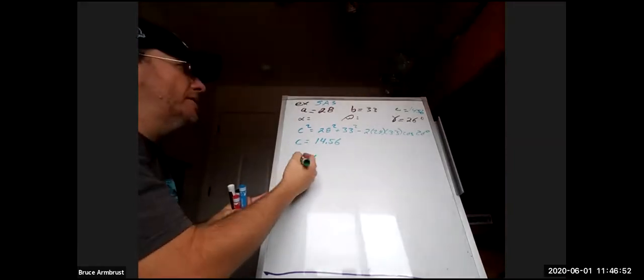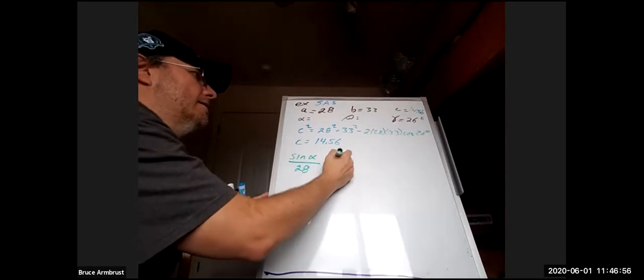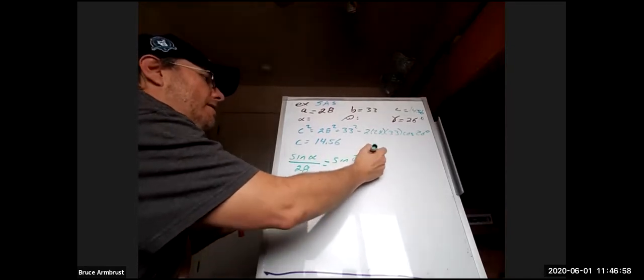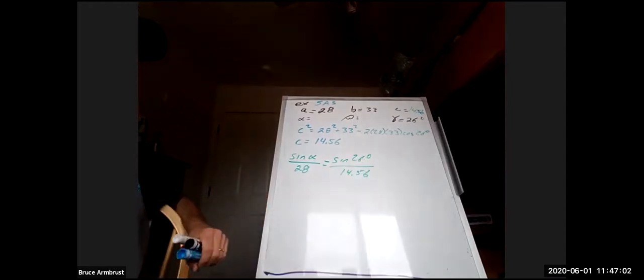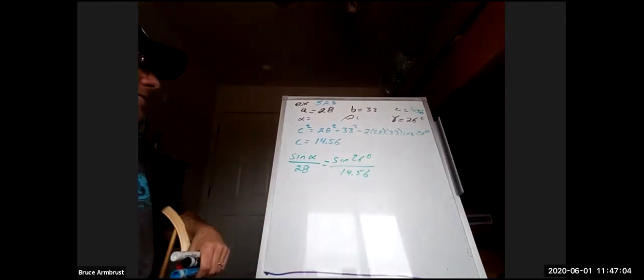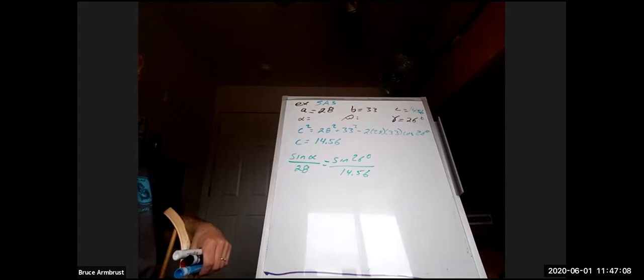So let's use the sine of alpha over A. That's going to equal the sine of gamma over C. So we've got sine of alpha over 28 is equal to sine of 26 over 14.56.